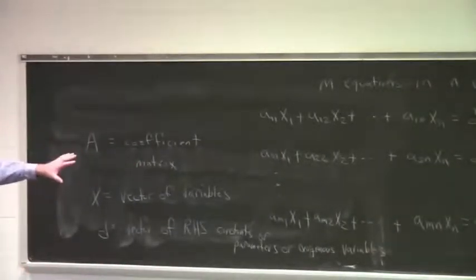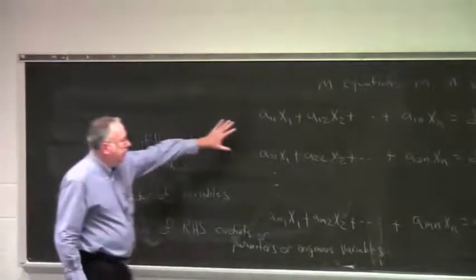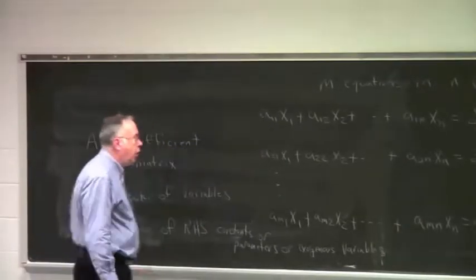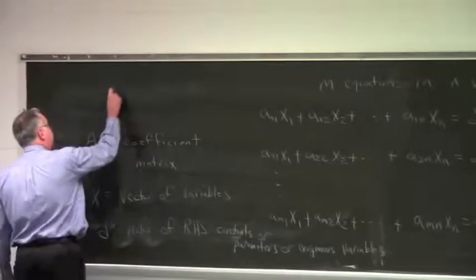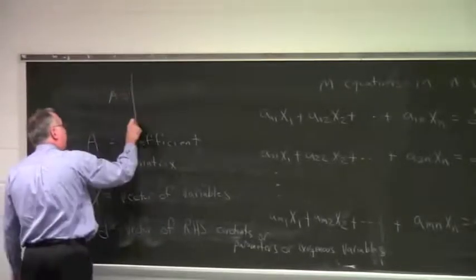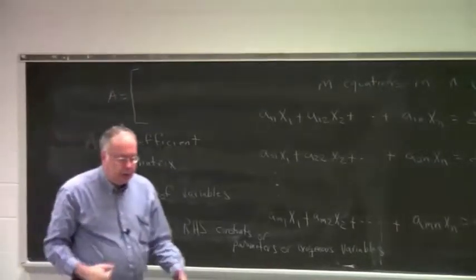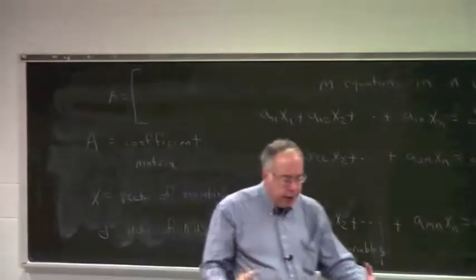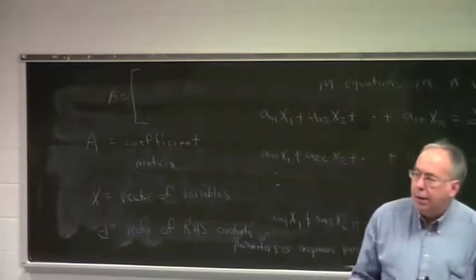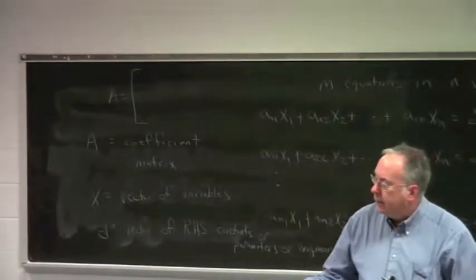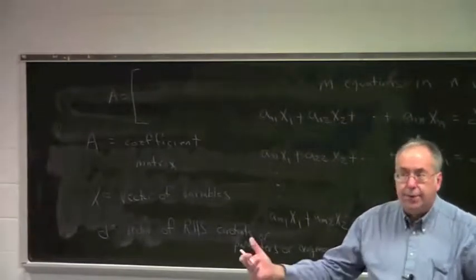Now, in this case, right here, the general case, the coefficient matrix A is just this. A matrix is by definition just a rectangular array of constants or parameters or possibly variables.